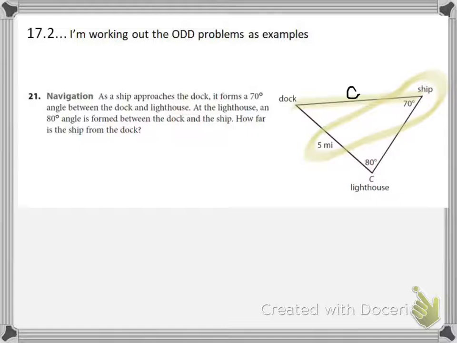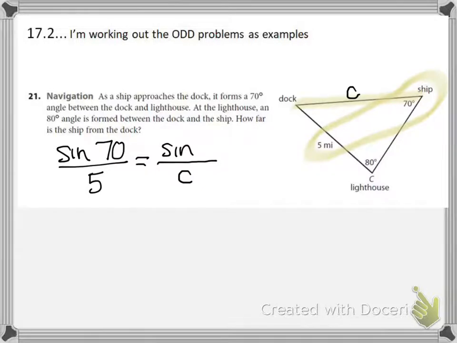That's going to make my first fraction: sine of the angle I know divided by the side opposite from that. And what am I trying to find out? Lowercase c. Lowercase c would have to be on the bottom. I have all the sides on the bottom. And the sine of the angle opposite that is 80. There's my setup. I don't actually have to solve the whole triangle this time.